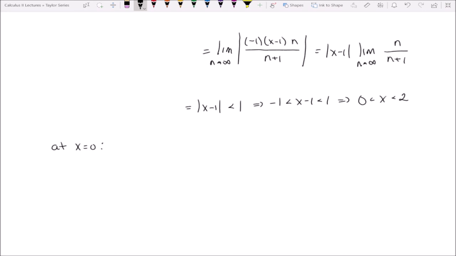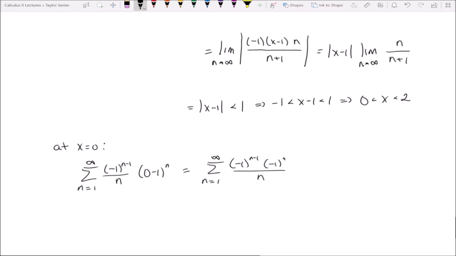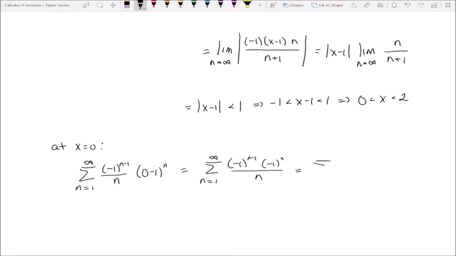If we look when x is 0, we get the series n equals 1 to infinity, negative 1 to the n minus 1 over n times 0 minus 1 to the n, right? So we get negative 1 to the n minus 1 times negative 1 to the n, all over n. So this is just the series of negative 1 over n, right?